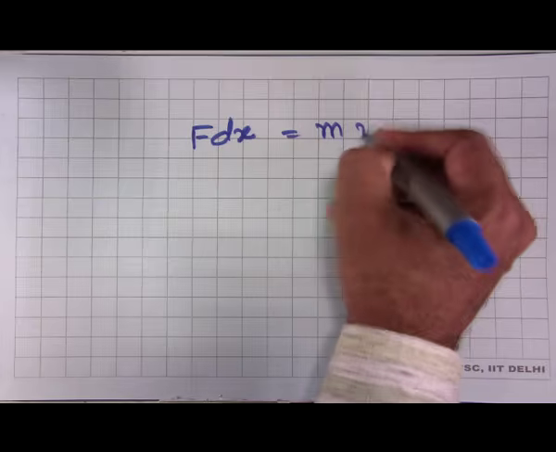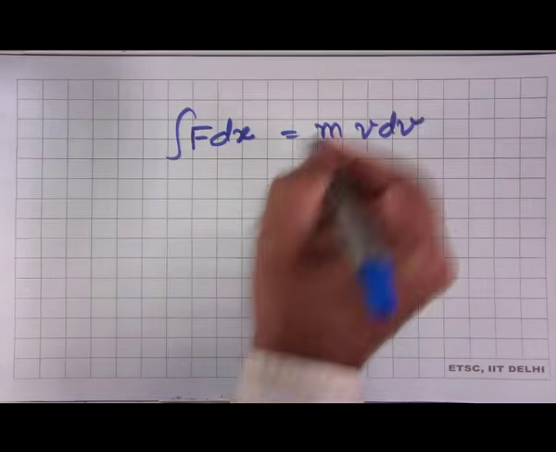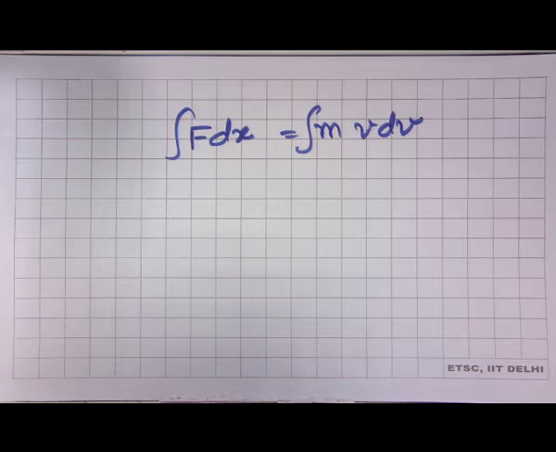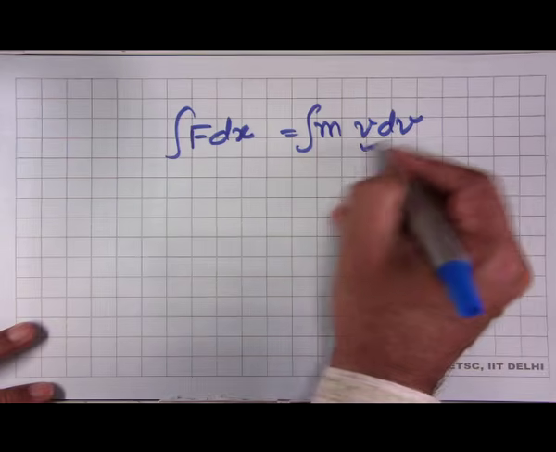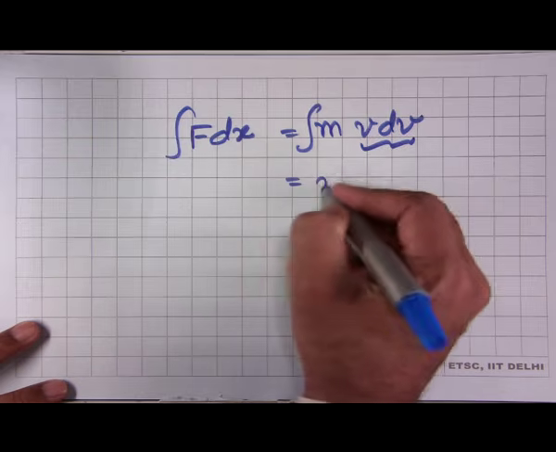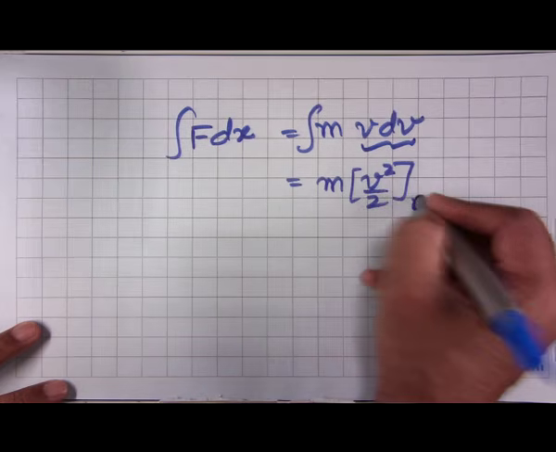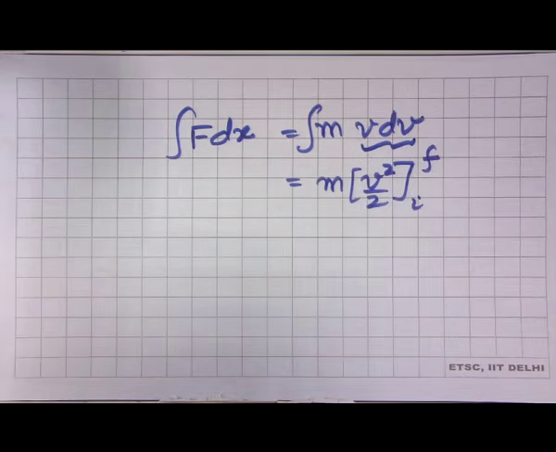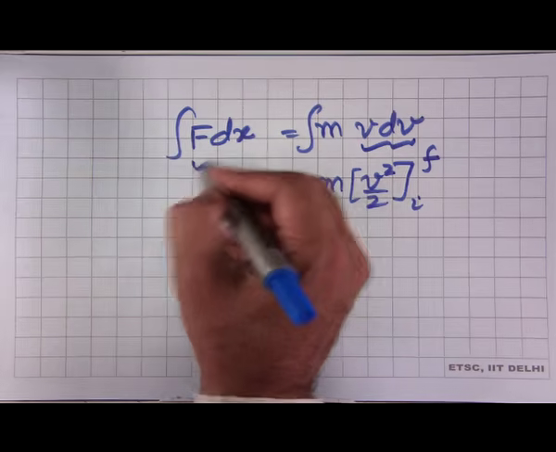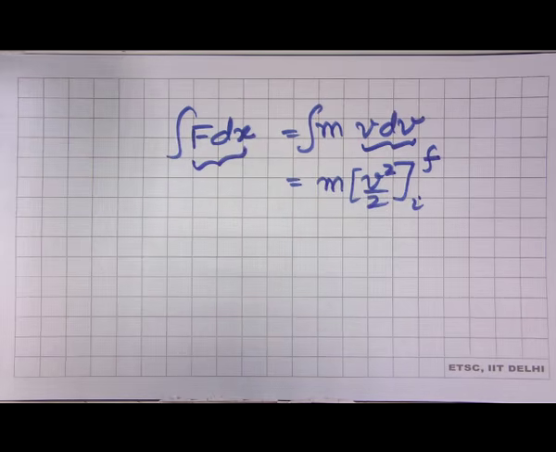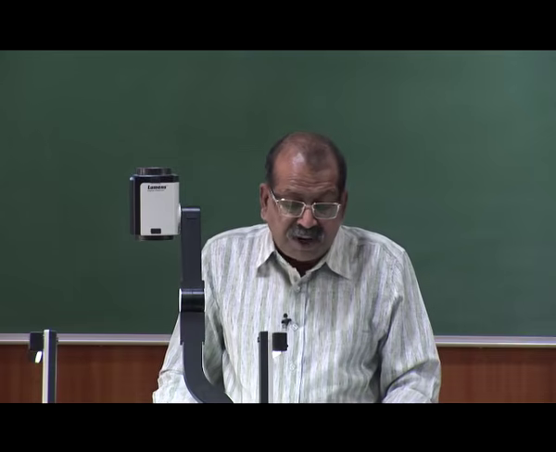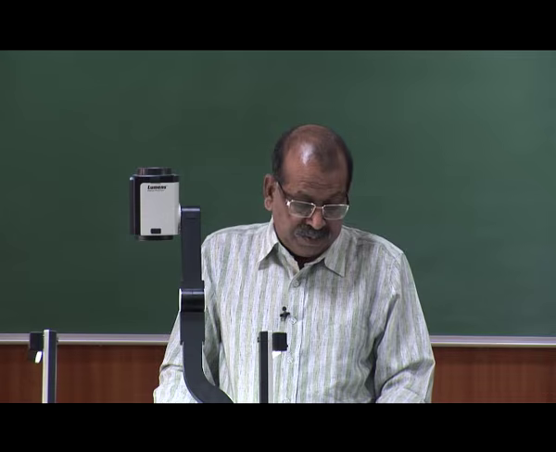So we get F dx is equal to m times v dv, and when we integrate this we get the same thing, because v dv when integrated will become m times v square by 2 from state i to state f. So this becomes the change in kinetic energy, and the integral of F with respect to x will give us the work done. Therefore, the work energy theorem is an integrated form of Newton's second law.